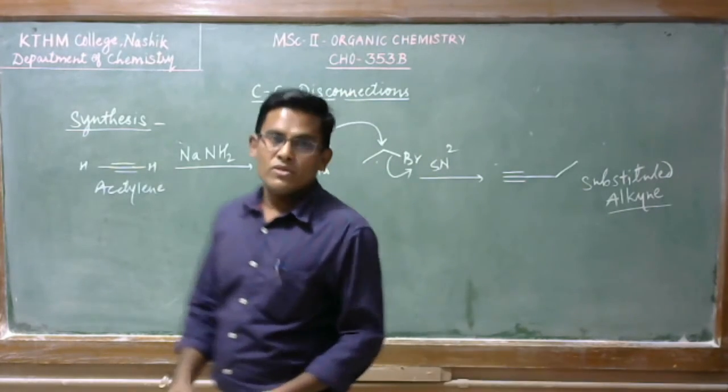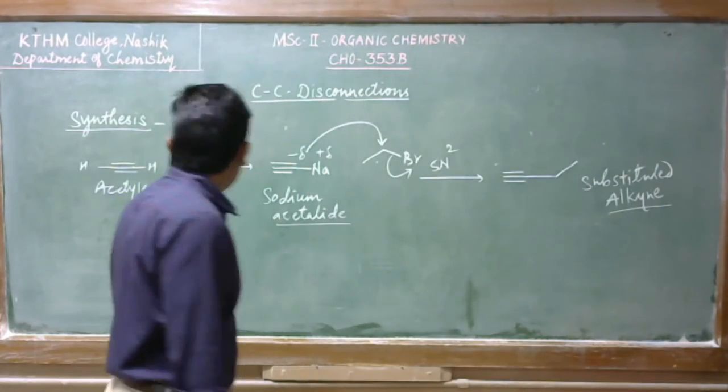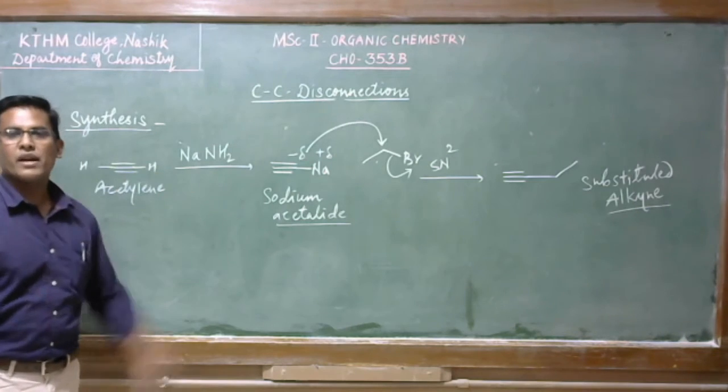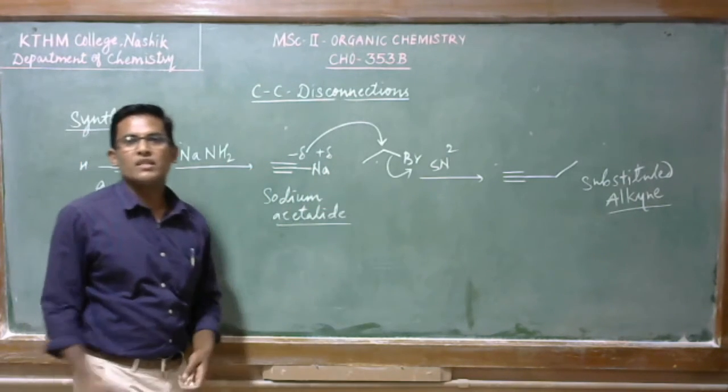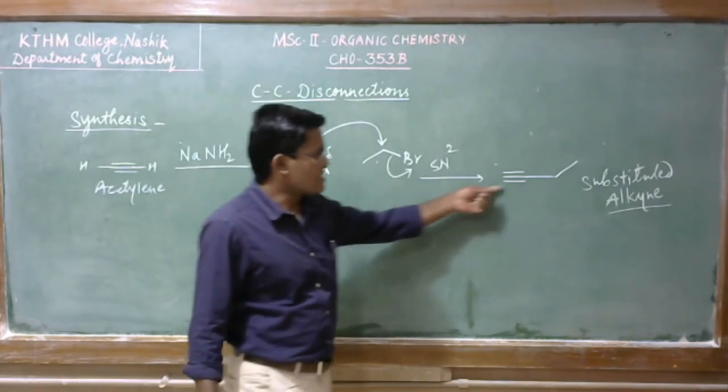So when you treat this acetylene with sodium amide and then with ethyl bromide, we get this substituted alkyne.